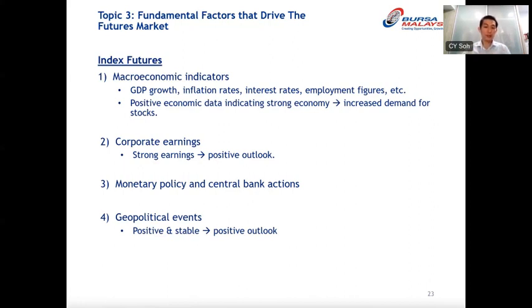To make it simple, positive resolutions in terms of politics or stable geopolitical conditions can support market confidence, and they can drive future price higher, while negative developments or negative geopolitical events can lead to market uncertainty. This is where the market will generally have downward pressures, whether on index futures or even in the stock market.